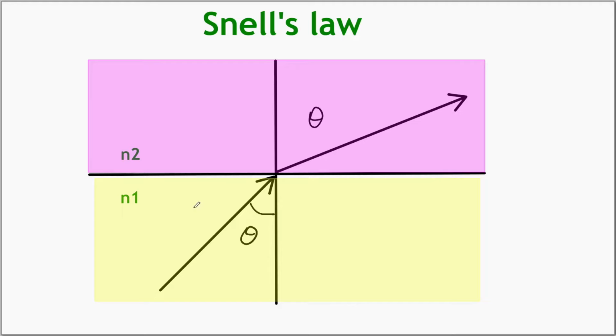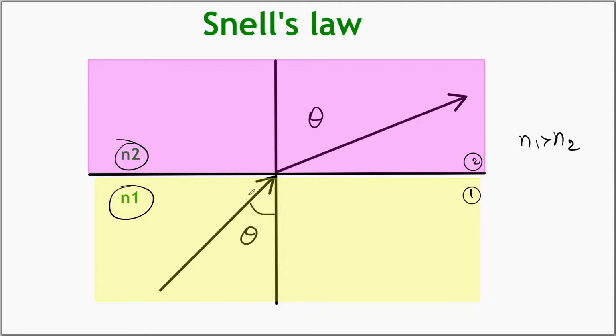To understand the working principle of an optical fiber, let us recall Snell's law. Suppose you have an interface. This line separates two dielectrics, say dielectric N1 and dielectric N2. We shall also assume that N1 is greater than N2, meaning the refractive index of medium 1 is more than that of medium 2.